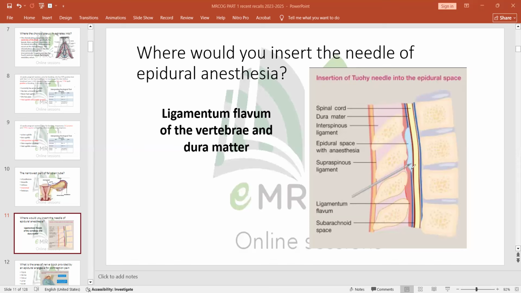So once he punctured the ligamentum flavum, he's going to insert the catheter here and enter the analgesia. If this is going to be your exam question, what is the most common opioid that we use in epidural analgesia? Do you know which one?